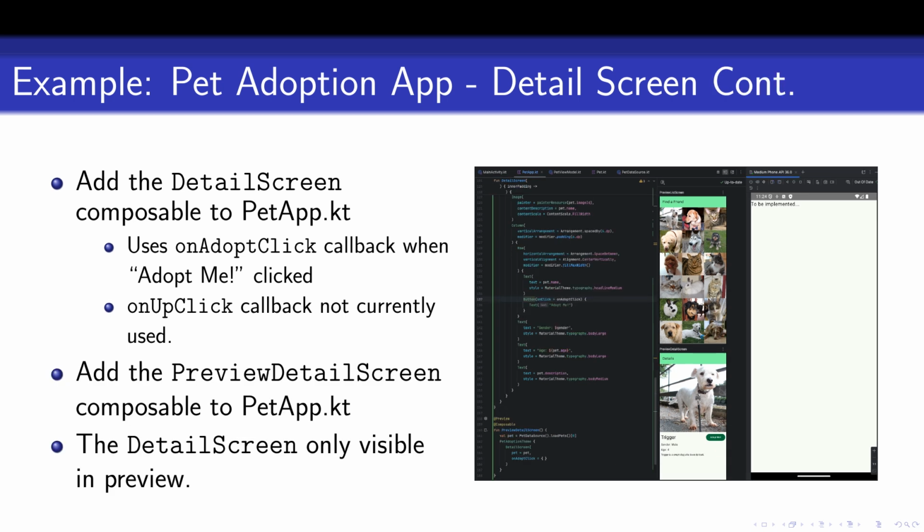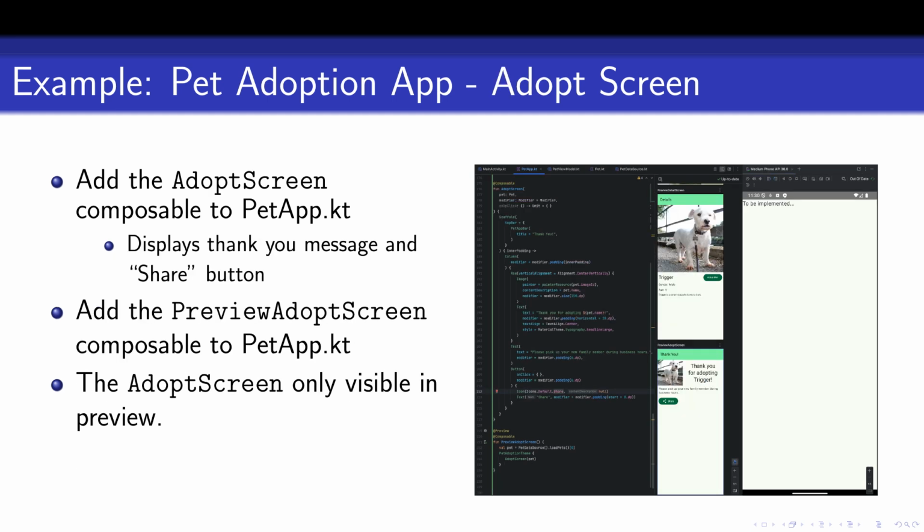To aid with development and testing, we add a PreviewDetailScreen composable that allows us to view the detail screen in isolation. This is especially helpful when you're tweaking the layout or verifying dynamic content without needing to click through the app each time.